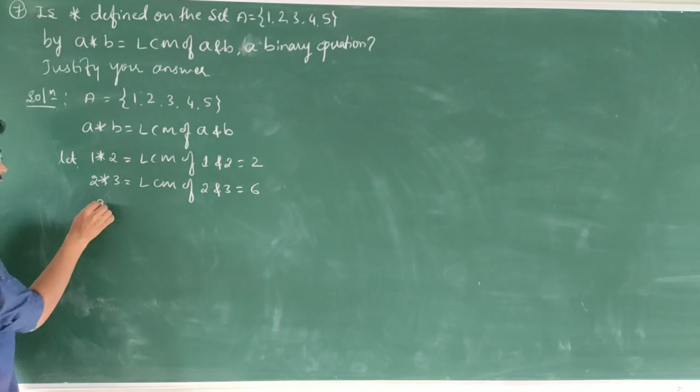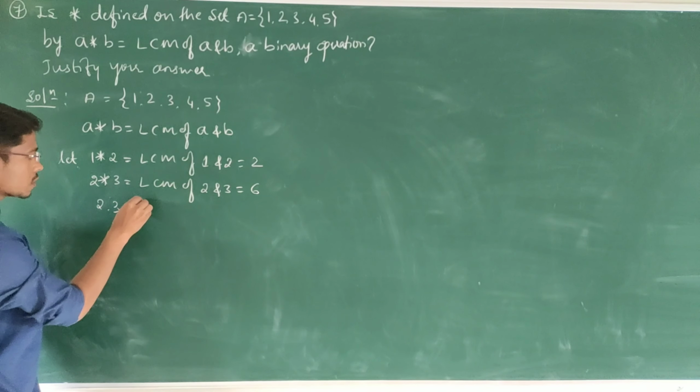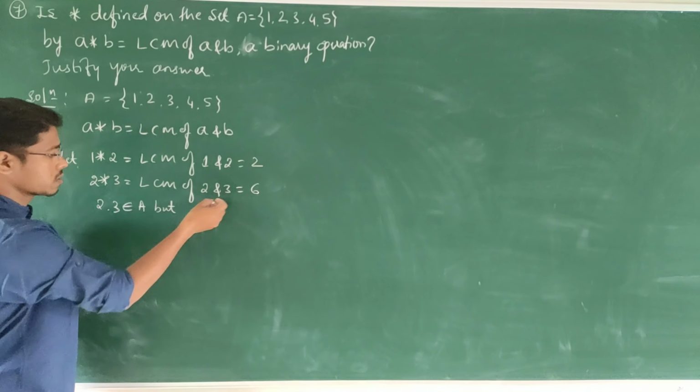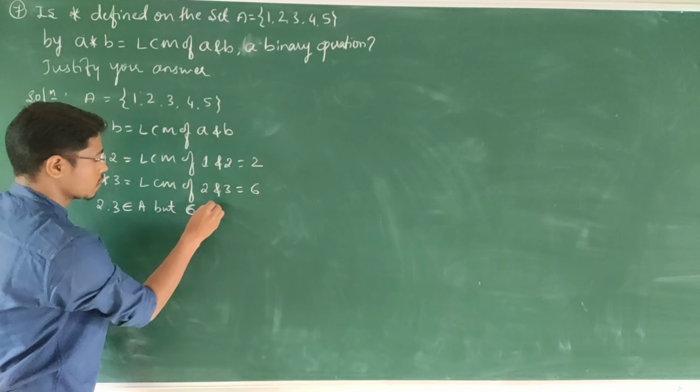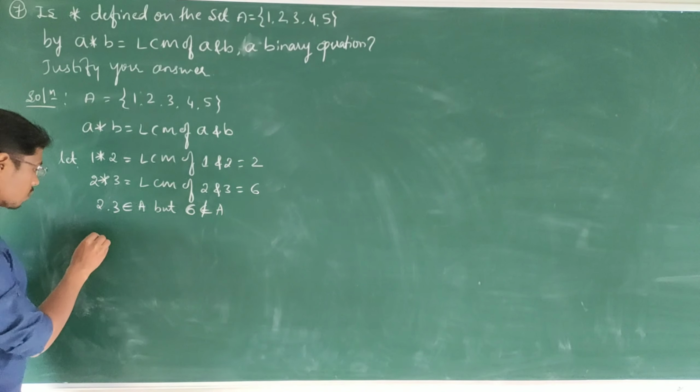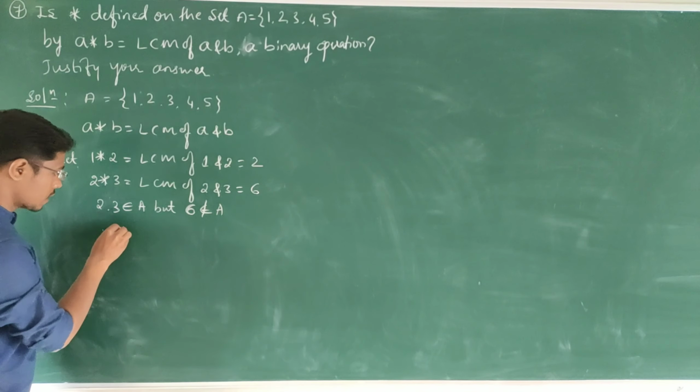So see, 2 and 3 belong to the set A, but the LCM of 2 and 3, which is 6, doesn't belong to the set A. Therefore star is not a binary operation.